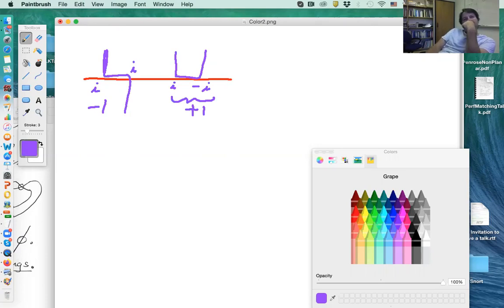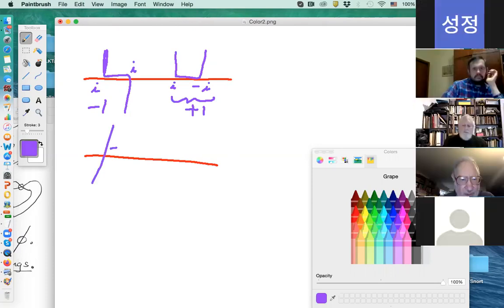And furthermore, it would have been just as good to have abbreviated the matter by saying there was a crossing here and it got a minus 1, and there was no crossing here and it got plus 1. It was ignored.